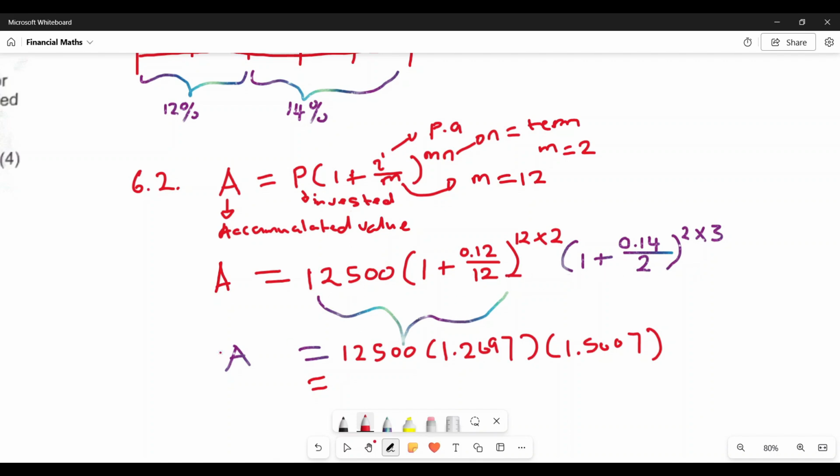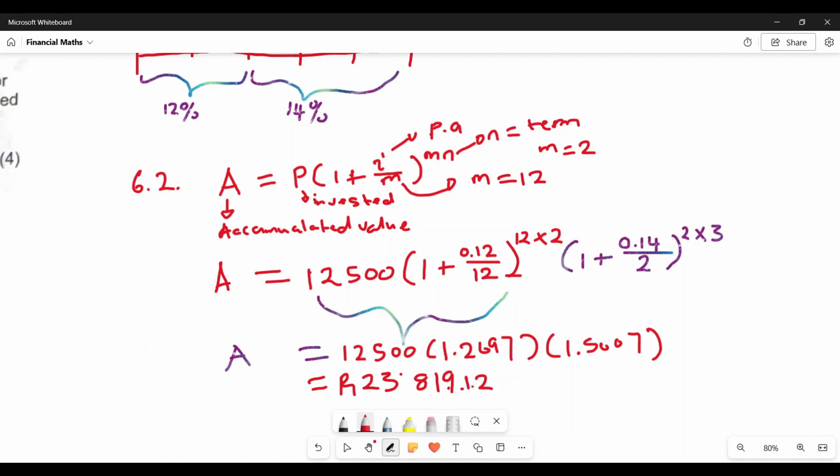So the answer to this, in rands, is 23,819.12 cents. That's it.